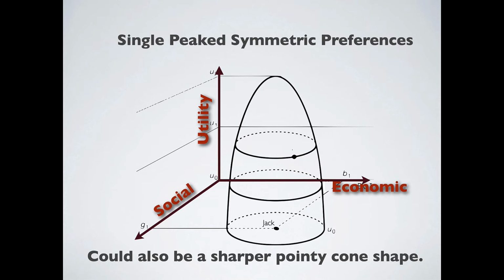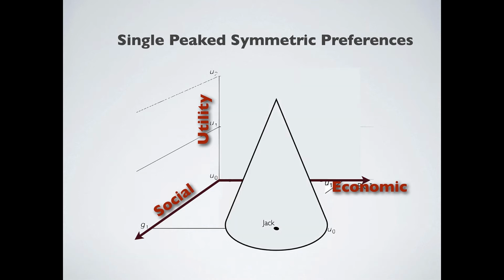It could also be a sharper pointy cone, more like what we used in the single dimensional model. And this was the best version of that I could come up with here in Keynote.